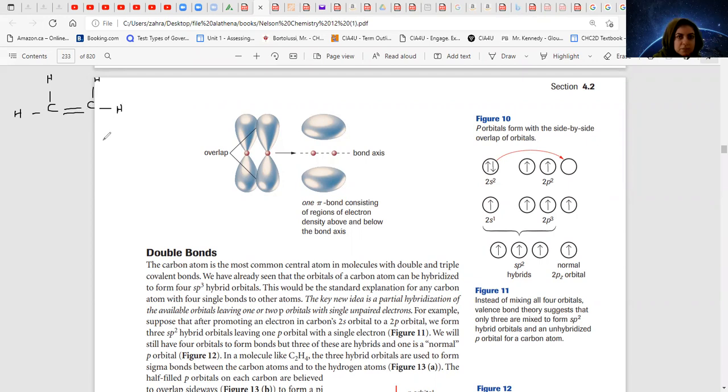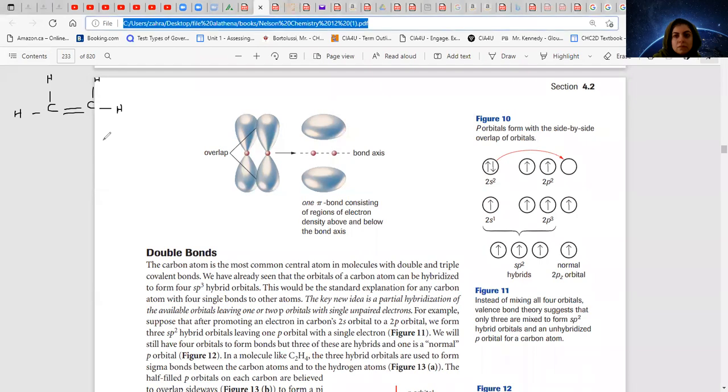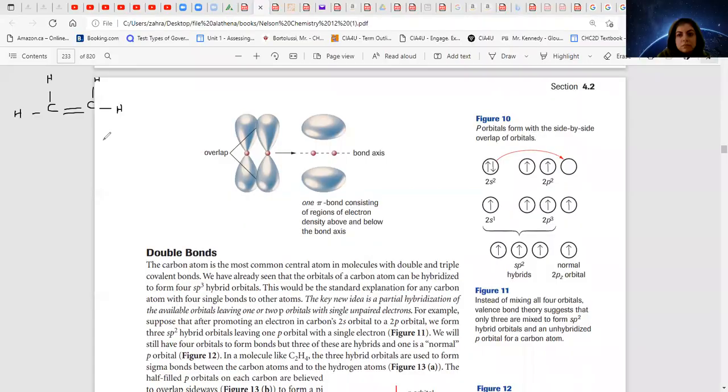Okay, so again, carbon has 6 electrons. So it's going to be 1s with 2 electrons.